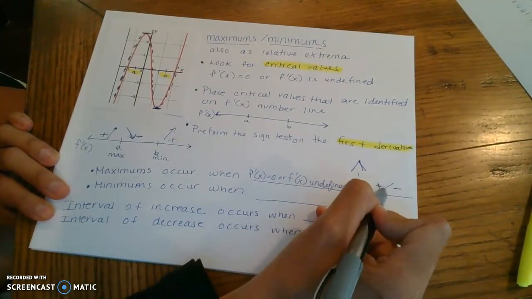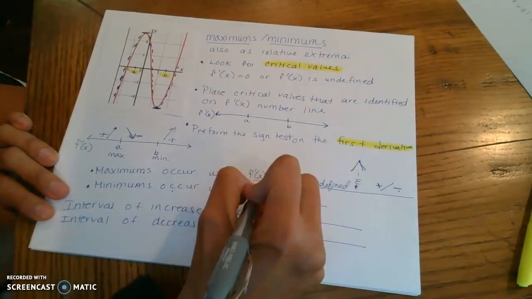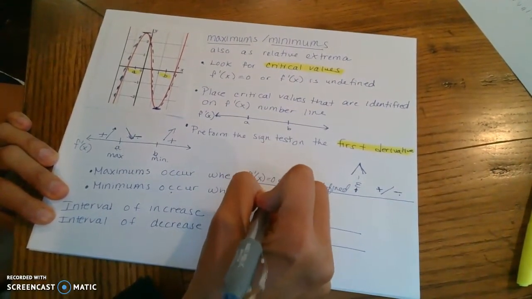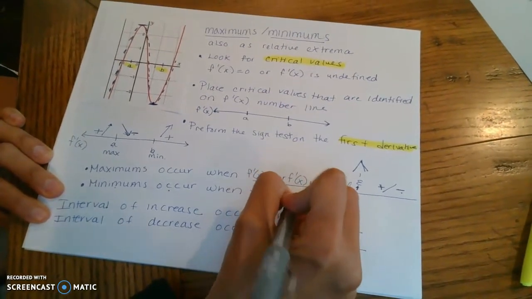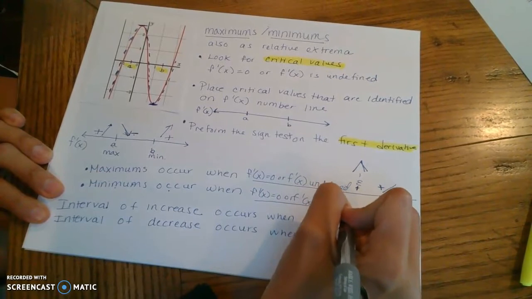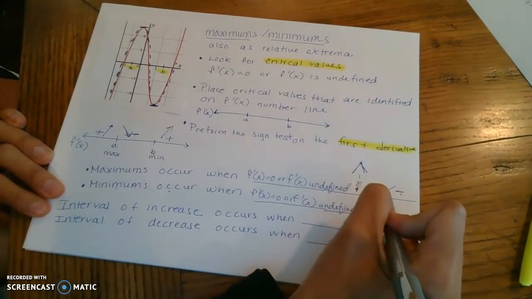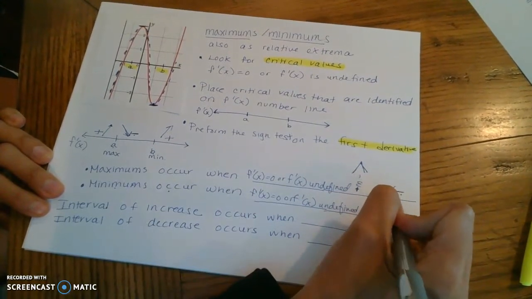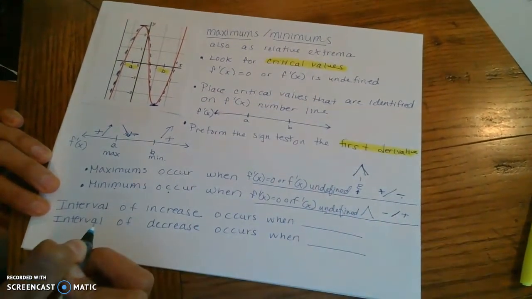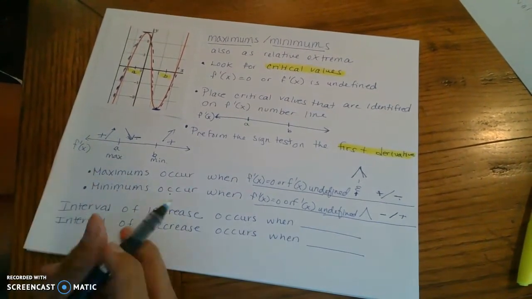We call that increase to decrease. Your minimum occurs when you have your first derivative equal to 0, or your first derivative undefined, and I'm sure you can fill in the rest, and you have a sign change from minus to plus. So that is when max and mins occur.